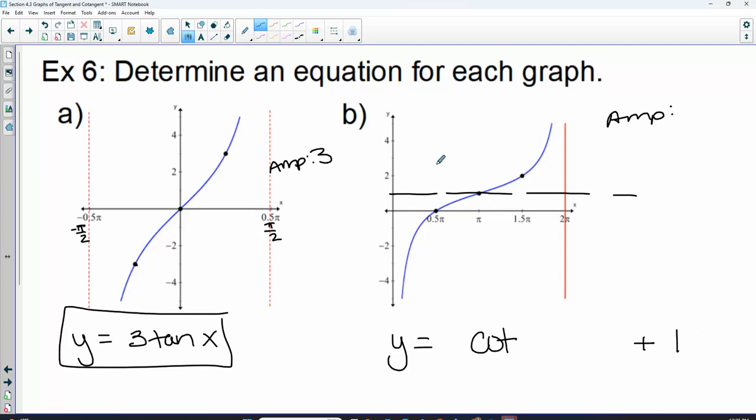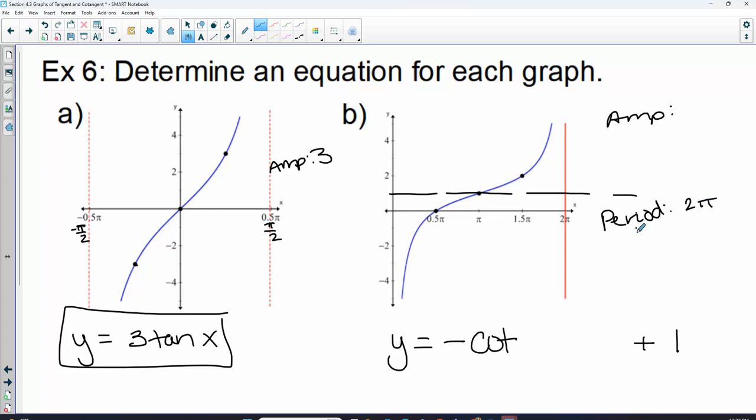Does cotangent normally increase or decrease? Decrease. So what would cause it to flip like that? Okay, so we have a negative cotangent. We know the normal period for cotangent is pi, right? But how long did it take before this one repeated? 2 pi.